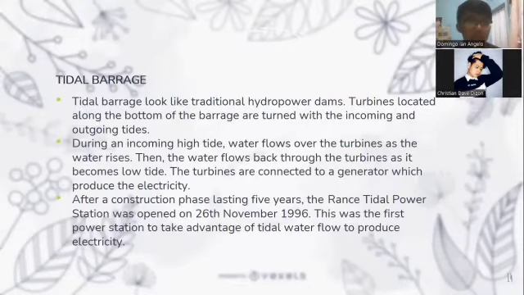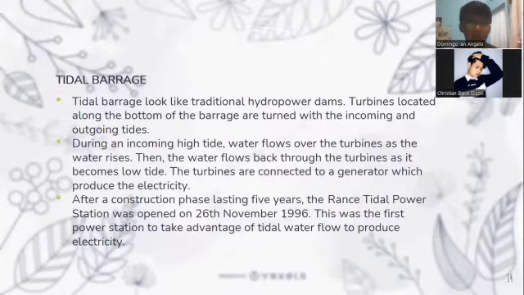Tidal barrages look like traditional hydropower dams. Sabi nga natin kanina, turbines located along the bottom of the barrage are turned with incoming and outgoing tides. During an incoming high tide, water flows over the turbines as the water rises. Then the water flows back through the turbines as it becomes low tide. The turbines are connected to a generator which produces the electricity.